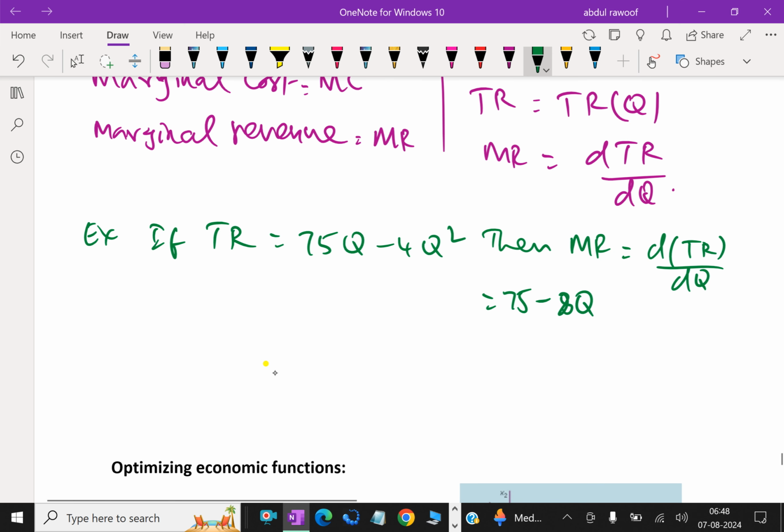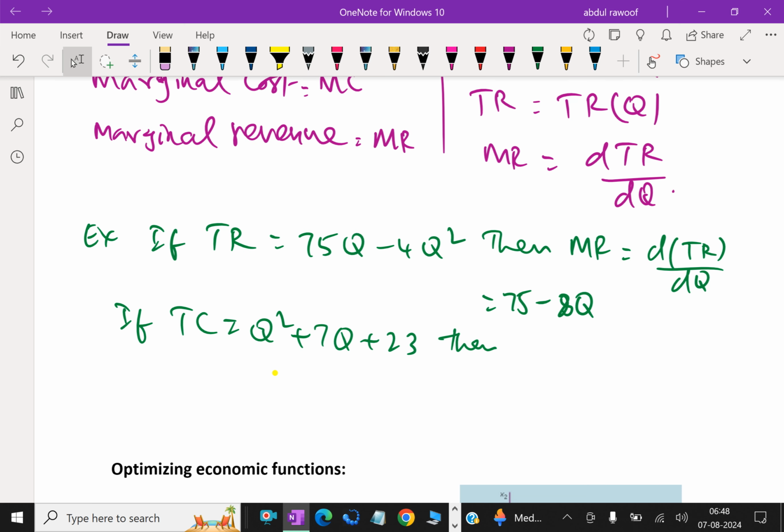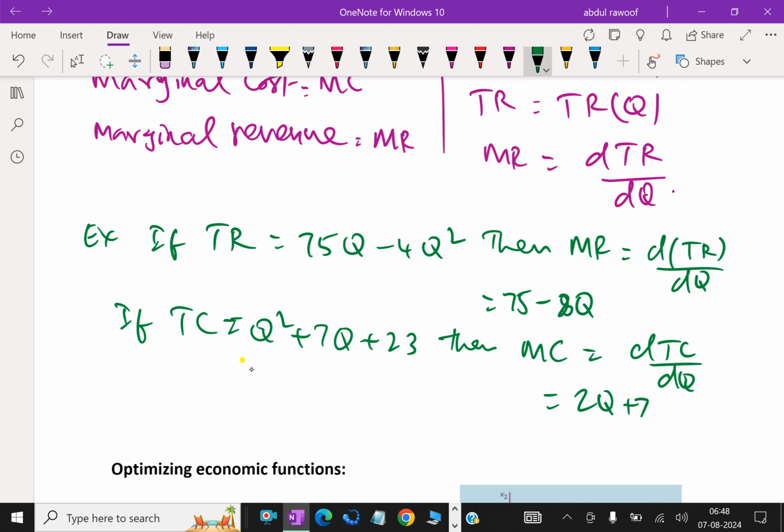Then if TC equals Q square plus 7Q plus 23, what is MC, which is equal to the differential of TC over DQ, which is equal to 2Q, since the differentiation of Q square is 2Q and of 7Q is 7.